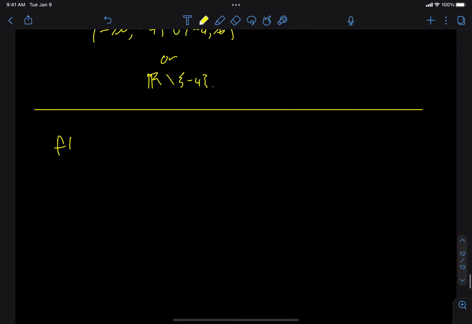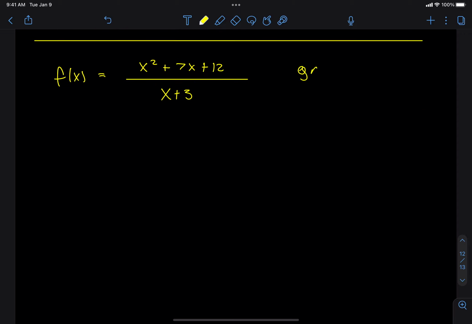Let's see the function f of x equals x squared plus 7x plus 12, divided by x plus 3. Okay, so let's graph.